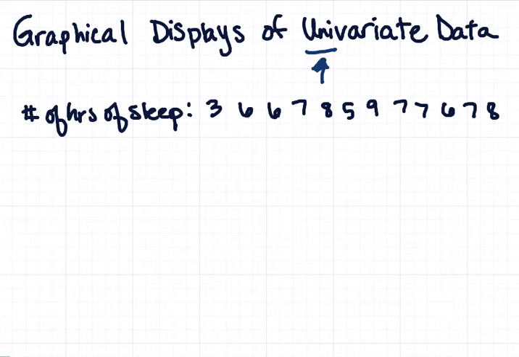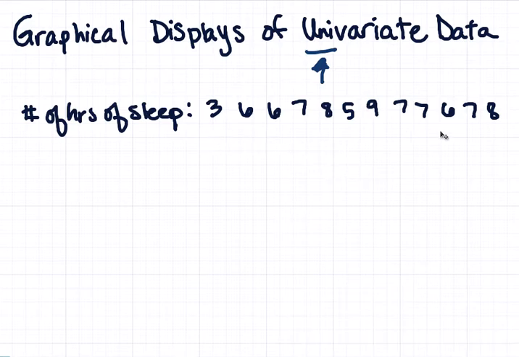So she does a survey, a questionnaire to find out how many hours of sleep the students got the night before the midterm, rounded to the nearest hour. And this is the data she gets. So we've got 3 hours, 6 hours, 6 hours, 7 hours. We've got this for 12 different students.